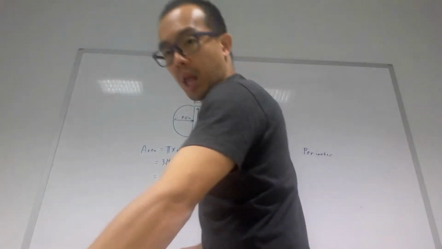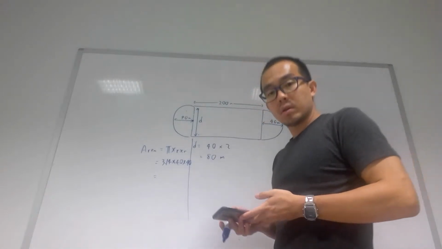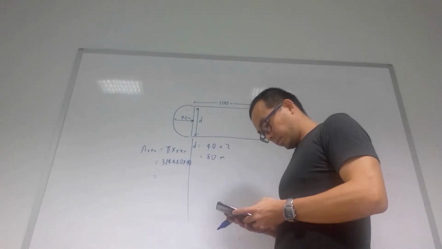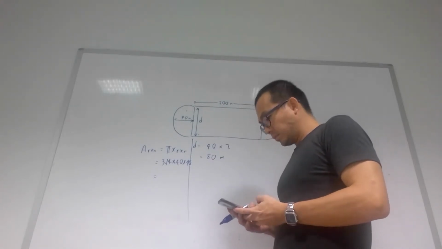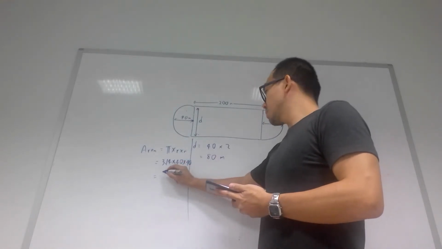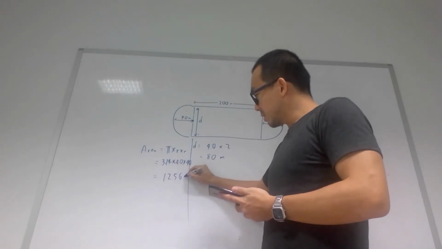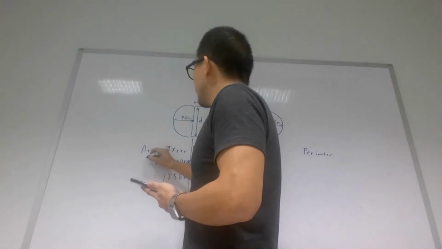It's equals to 5024 square meters. Alright, this is the area of the circle.